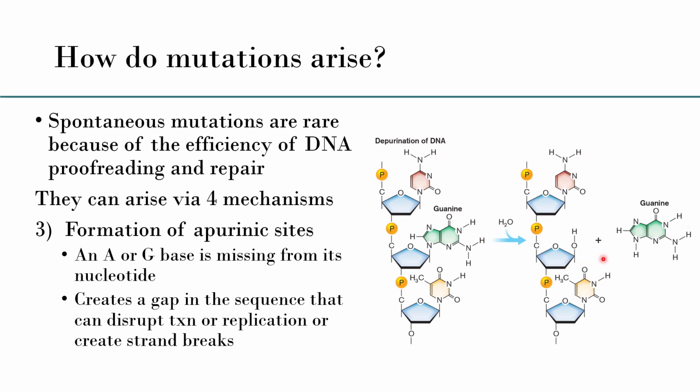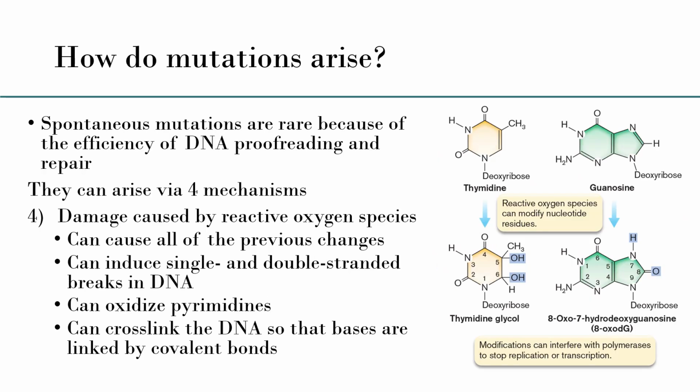So you can see the bases still remain on these outer nucleotides, but not on the inner nucleotide. Now that creates a gap in the sequence, and it's going to cause disruption in transcription or translation. We're going to have the polymerases stall because they don't see anything there to add, or it can actually end up creating breaks in the strands of DNA.